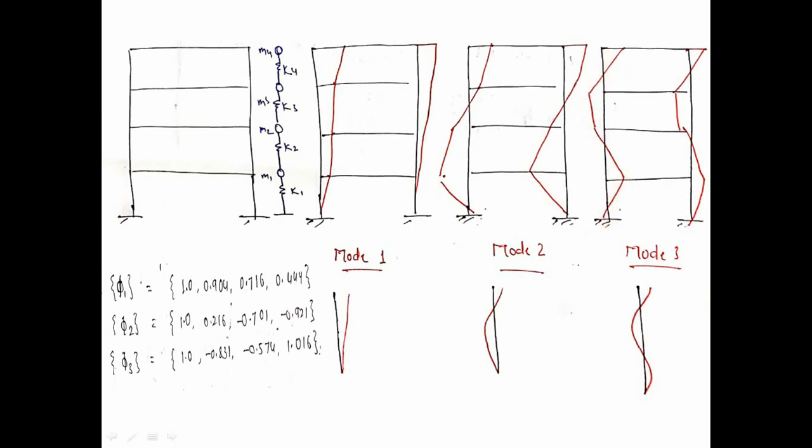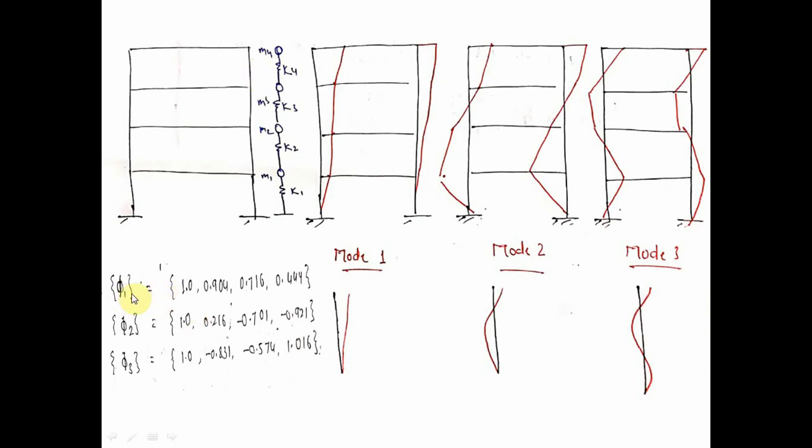Whenever a structure goes through these three modes, it experiences all the possible loads. Similar representation can be made like this also. This is for mode 1, and this is the free body diagram wherein mass relates to the floor level loads. K indicates stiffness of the column.